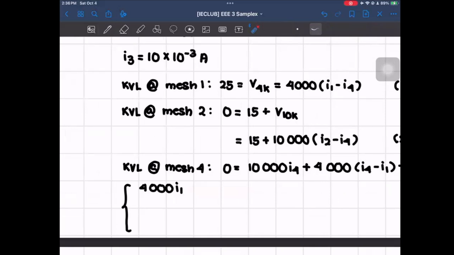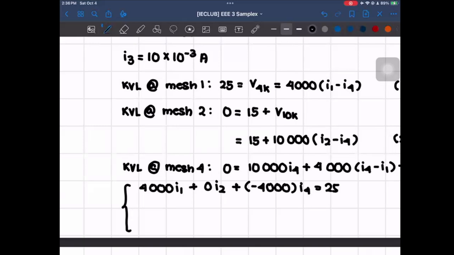So it's going to be 4,000 I1, then we don't have any I2, so you can just do plus 0 I2, then plus our I4 here is negative 4,000, so negative 4,000 I4 is equal to 25.